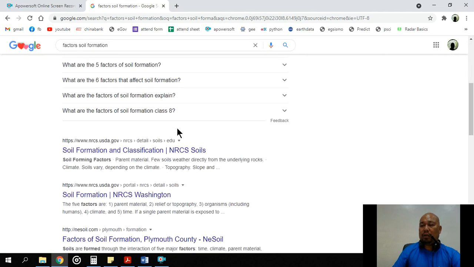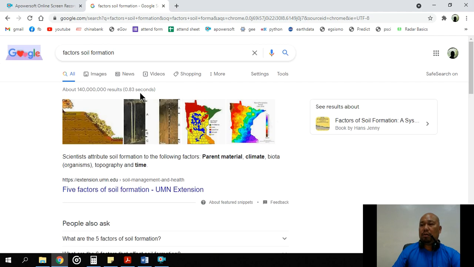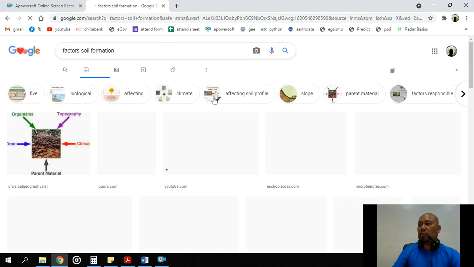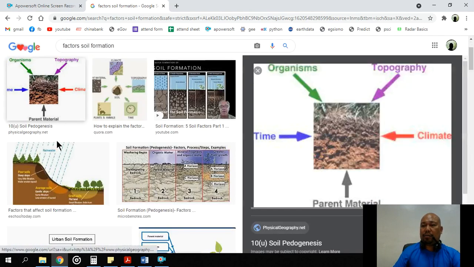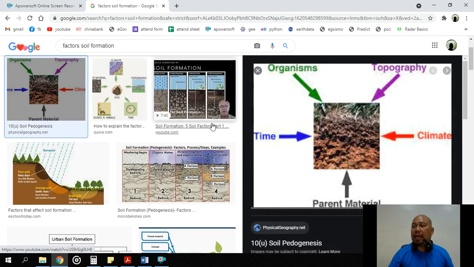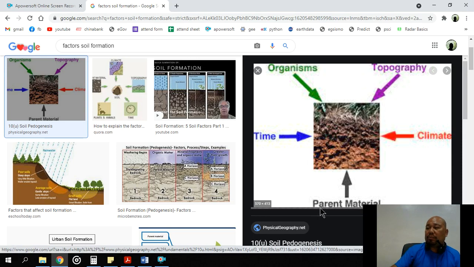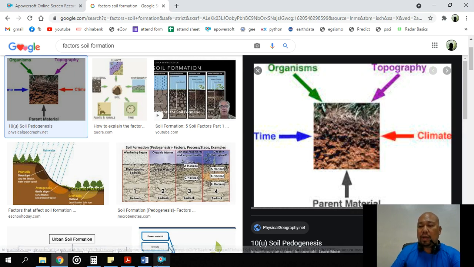What was that L? Factors of soil. CLORPT, if you remember. Parent material, time, organisms, topography, climate. So I think the L was part of climate. So climate, CL, O, organisms, okay, topography or R, relief, then parent material, then T. It's CLORPT. So you can just use CLORPT as your mnemonic.